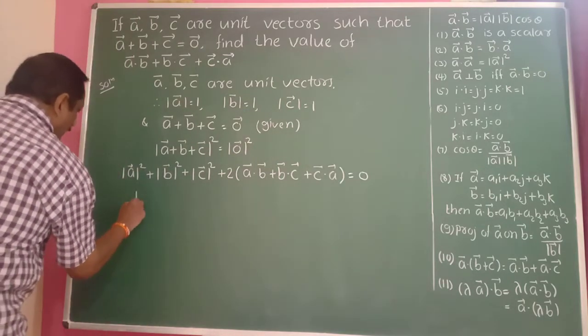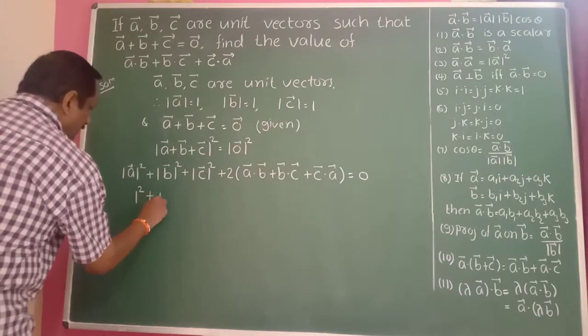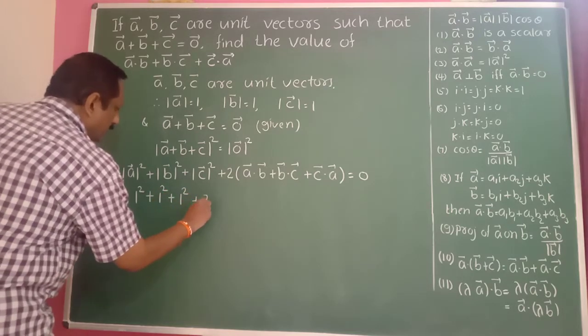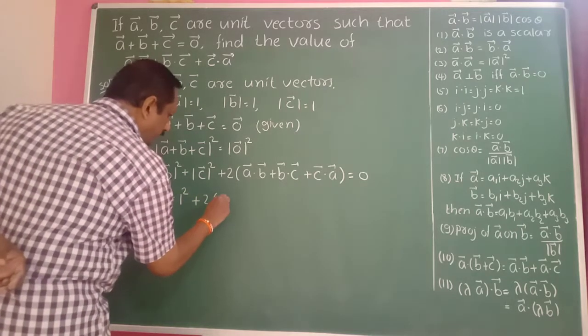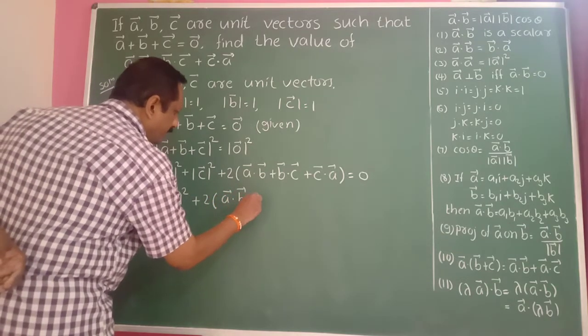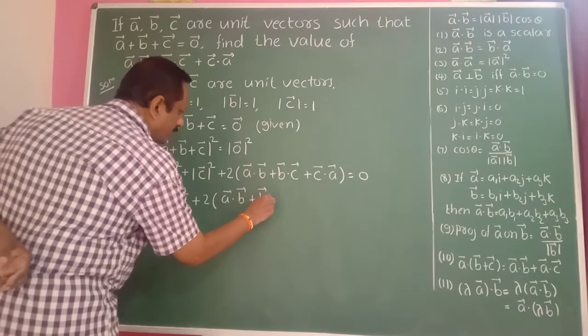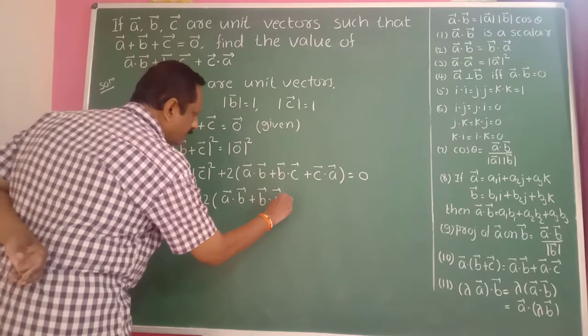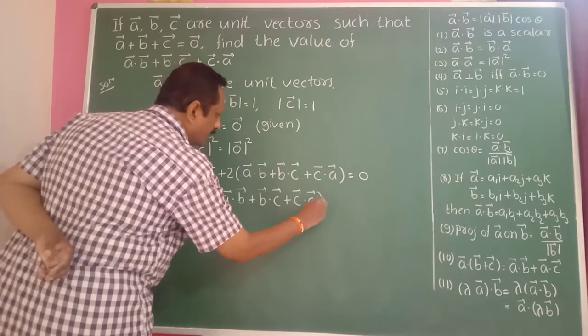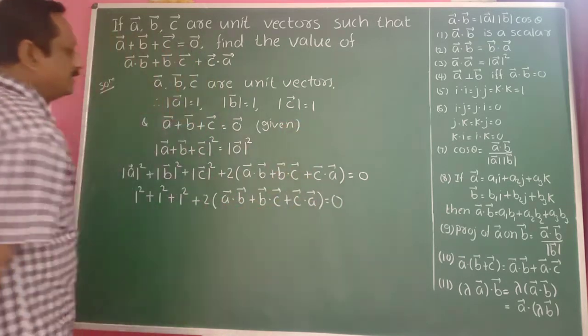Therefore it is 1 square plus 1 square plus 1 square plus 2 into bracket a bar dot b bar plus b bar dot c bar plus c bar dot a bar, that is equal to 0.